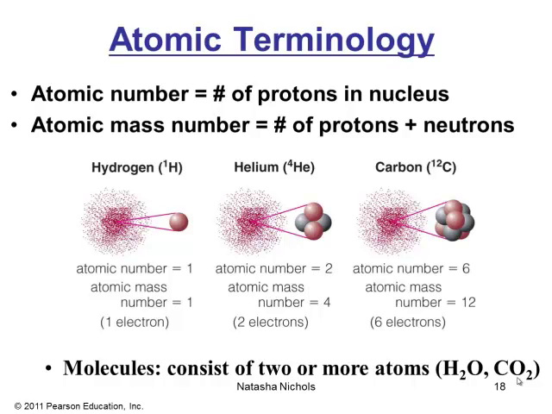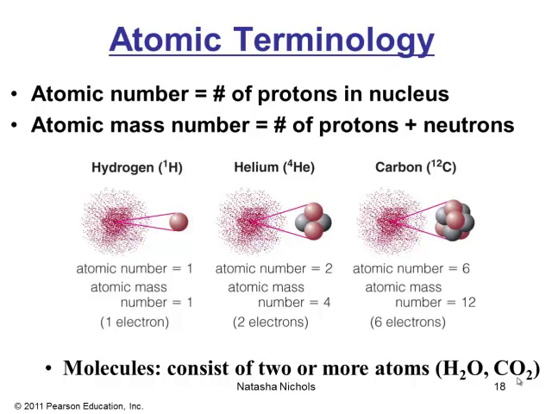And so on and so forth. On the other hand, atomic mass number is the number of protons and neutrons. Both protons and neutrons are found in the nucleus. So we have the nucleus in the center that is comprised of protons and neutrons, and then we have electrons that are orbiting that nucleus in that shell cloud pattern.